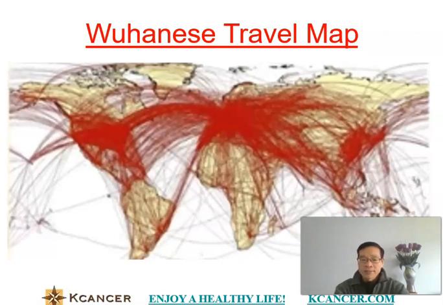And when you look at this map, you can see these people from Wuhan already went everywhere. As I mentioned earlier, the Chinese government made one mistake: they didn't control the virus spread in the early stage.